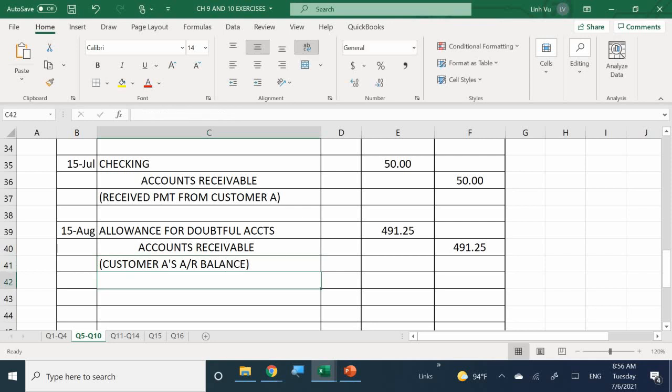I know for a fact that allowance for doubtful accounts is a contra account to accounts receivable, but it also represents potential bad debt, meaning we might one day not be able to collect this money.